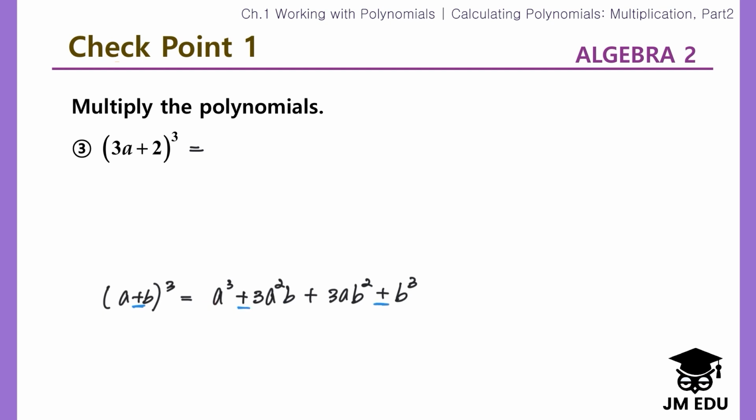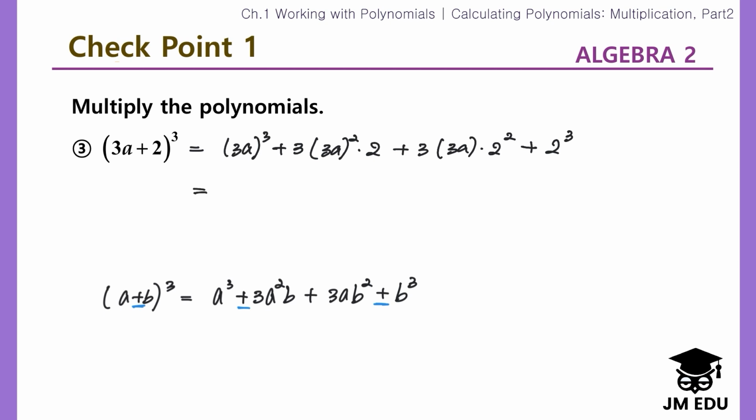So 3a plus 2 cube: first term cube plus 3 times first term square, second term plus 3 times first term times second term square plus second term cube.